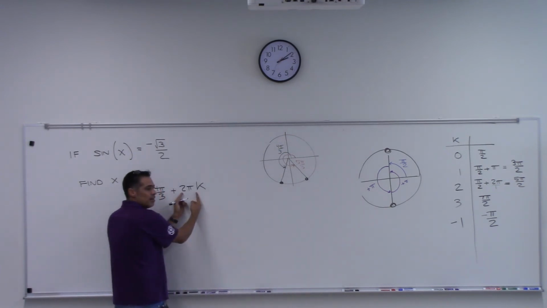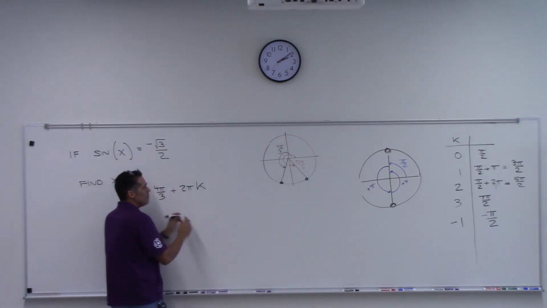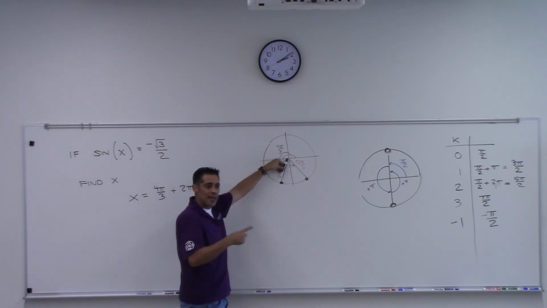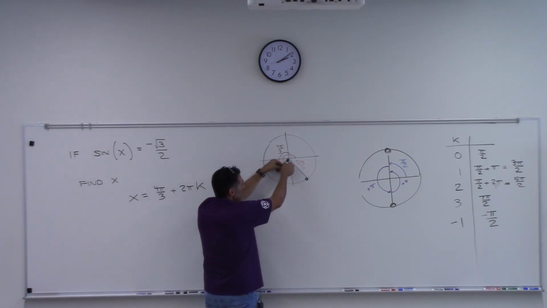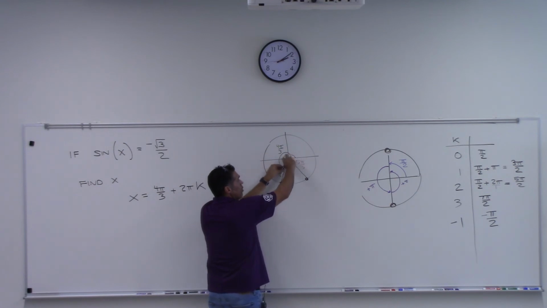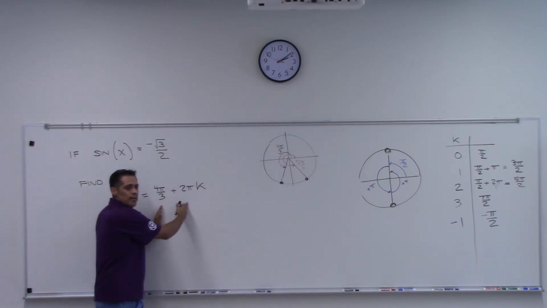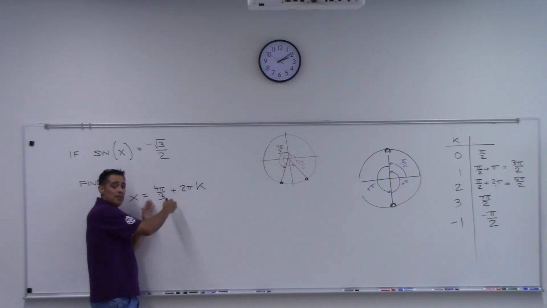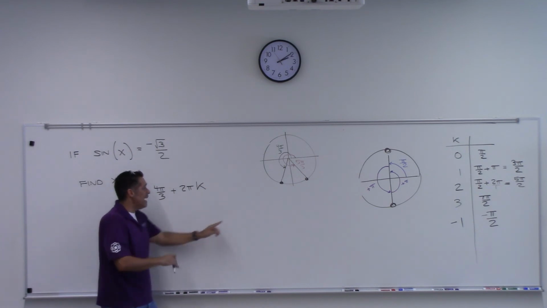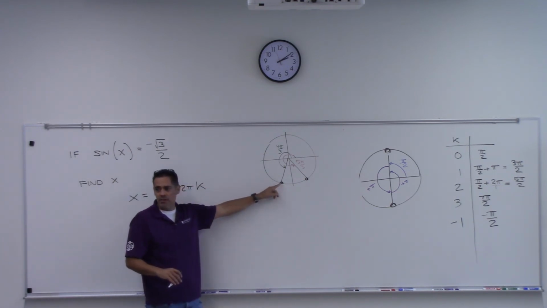This is where we're starting, 4 pi over 3. And then any other answer is going to be that plus a full rotation or minus a full rotation. That will get you back to where you were, right? This is the representation of the infinite number of answers that correspond to that point on the unit circle.